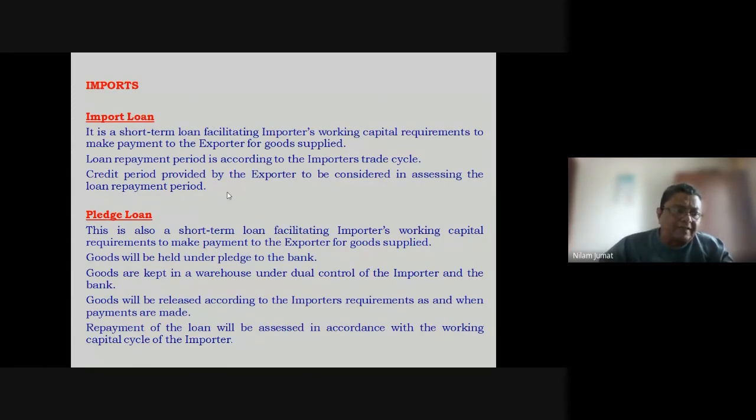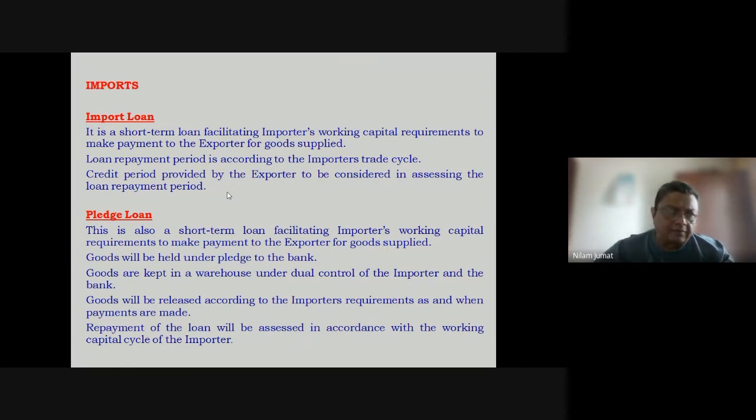Now, why does the pledge loan happen? Sometimes importers and manufacturers import large quantities because they get a good price. But that shipment provides raw material they require for another 10 months. Since the price is good, they import in bulk. And as and when they require, the bank comes and releases, and they do a shipment.